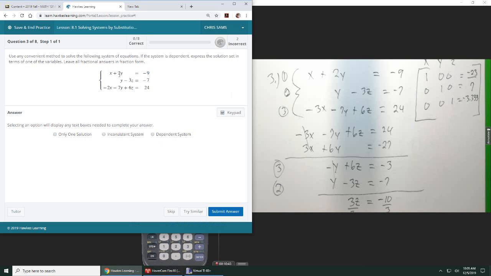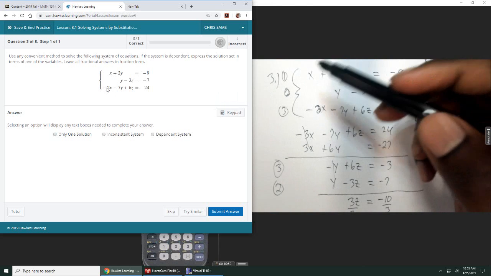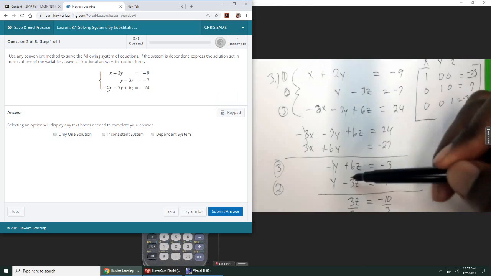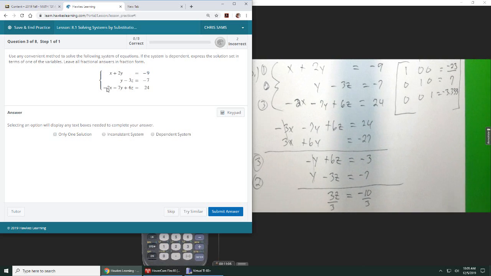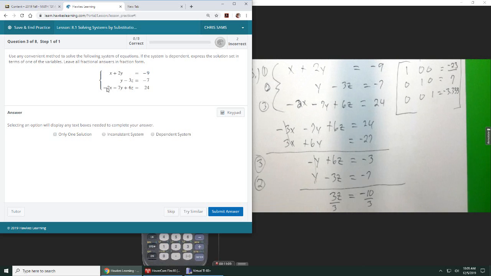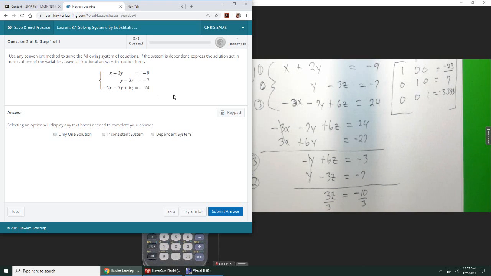So, x plus 2y equals -9, and then I have y minus 3z equals -7, and then, okay, yeah, I wrote the wrong thing here. I wrote a 3, and I should have written a 2. So that's where I made the mistake. And then when I multiplied these, I should have multiplied by 2. So I have to be careful. Like I said, there's a lot of things going on, and it's easy to make a mistake, and I just wrote the wrong number down. So if we had done that correctly, then ours would have matched up.